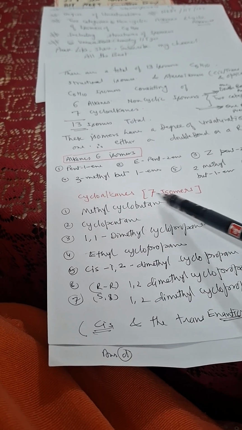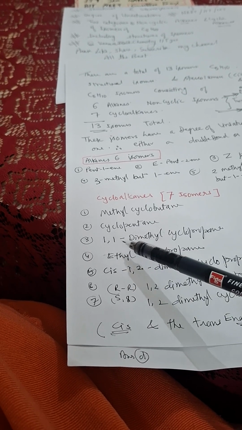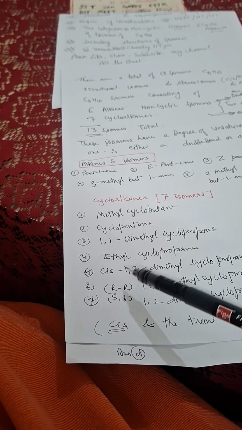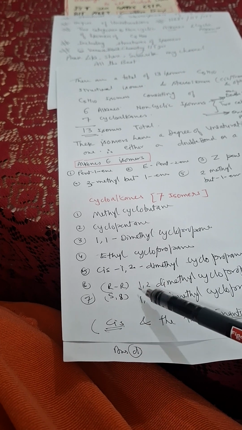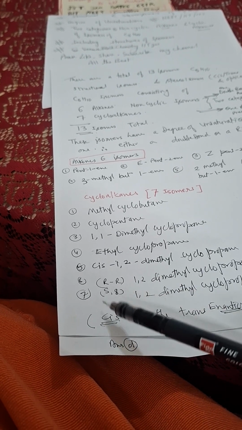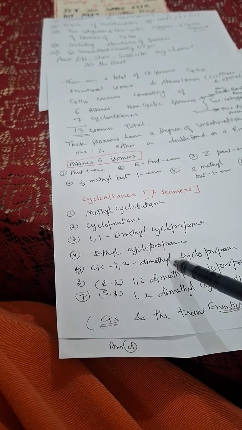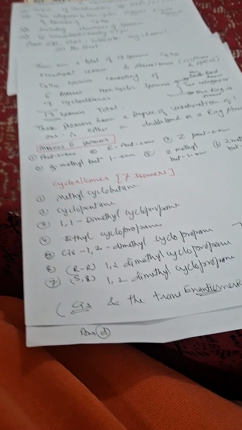Now cycloalkanes, 7 isomers: methylcyclobutane, cyclopentane, 1,1-dimethylcyclopropane, ethylcyclopropane, cis-1,2-dimethylcyclopropane, (R,R)-1,2-dimethylcyclopropane, and (S,S)-1,2-dimethylcyclopropane. That means there is the cis form and the trans form, and the trans form shows optical isomerism.